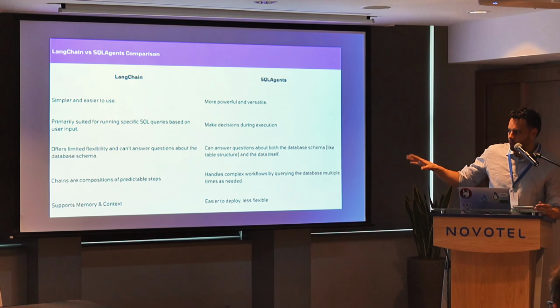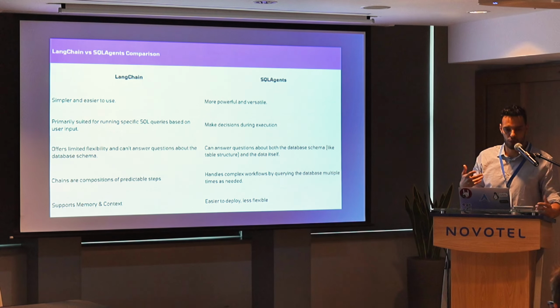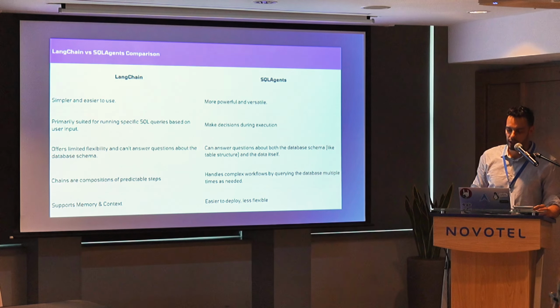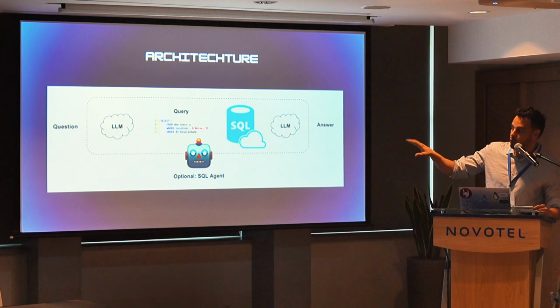As I said, SQL agents require less development, but LangChain is more complete and more flexible, and you can solve more complex issues. This is the architecture, how it works.